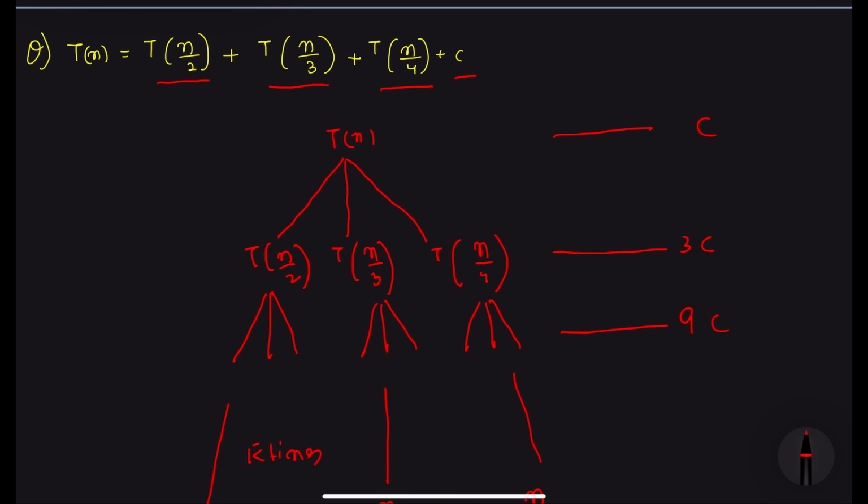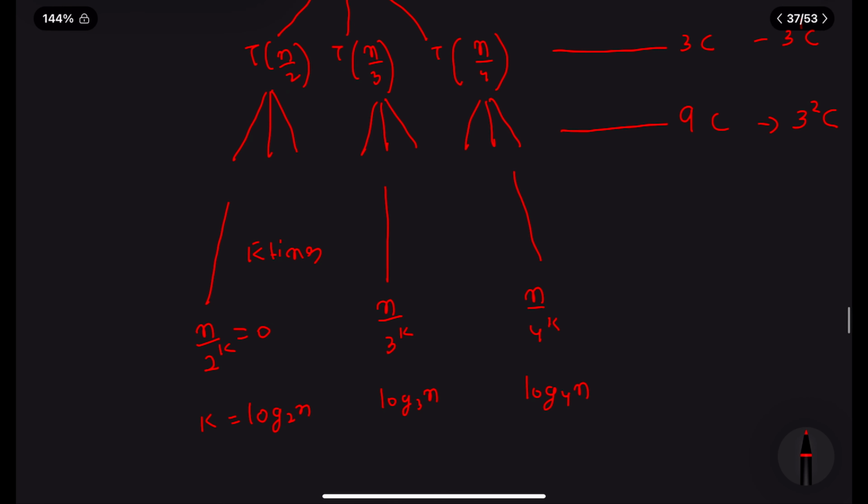If we simplify, we can write it as 3^0 C, 3^1 C, 3^2 C, and after k times it will become 3^k C.